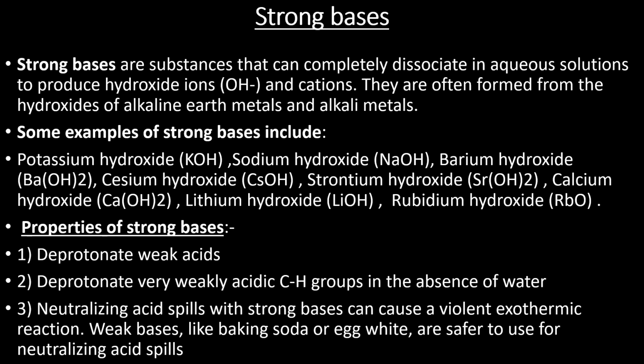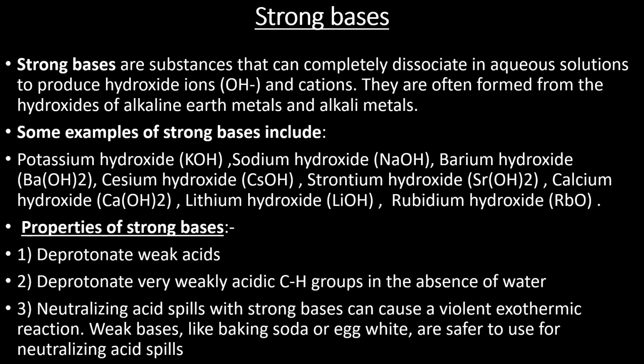You take 5 molecules of sodium hydroxide and dissolve them in water, then all 5 molecules are dissociated in solution. It means the base is completely dissociated in the aqueous solution.